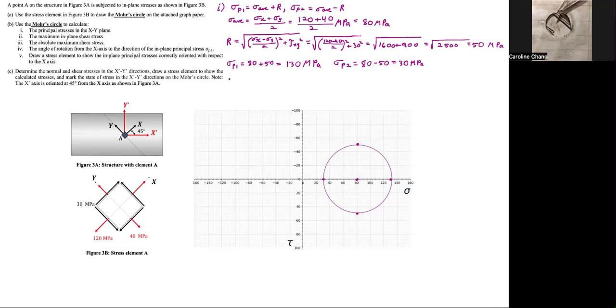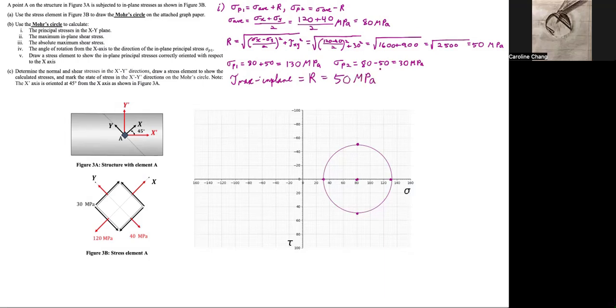So we can say that tau max in plane is equal to R is equal to 50 megapascals.